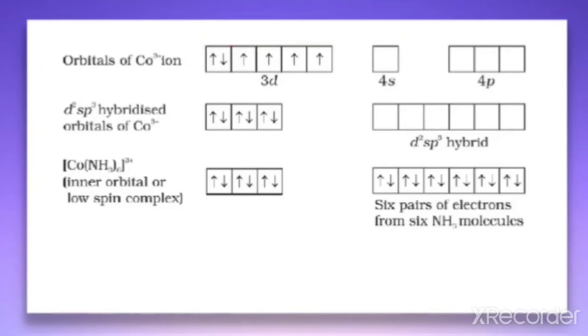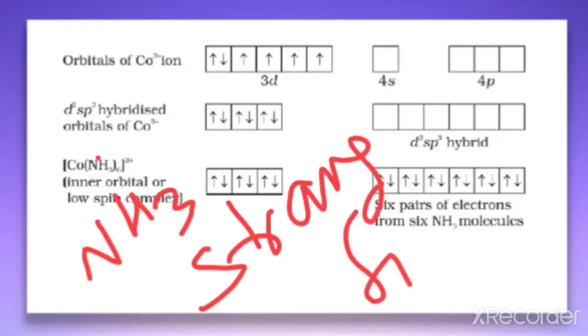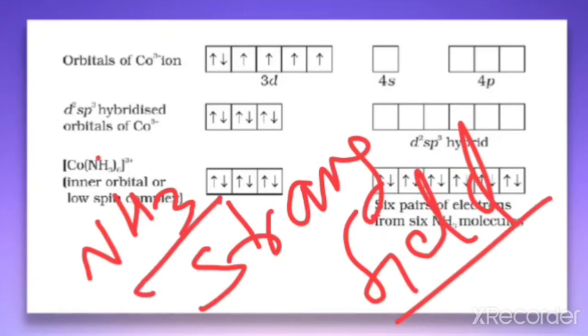Now the ligands play a very important role here. Depending upon the ligand, pairing either takes place or does not. Here the ligand ammonia, NH3, is a strong field ligand according to ligand field theory, so it causes pairing of electrons.